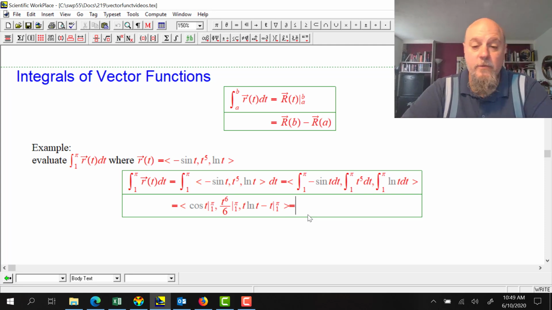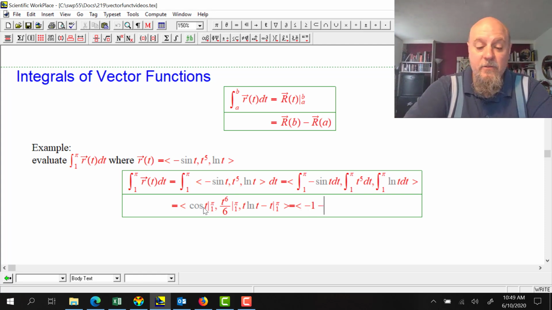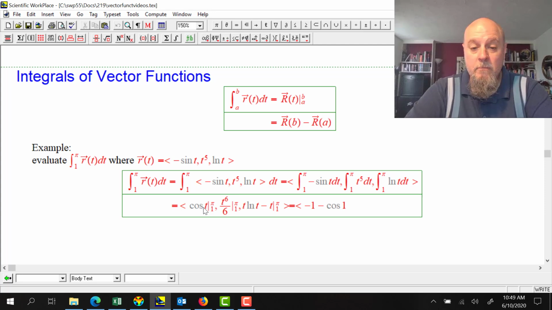And now all we got to do is sub in the top minus sub in the bottom. So cos of pi is minus 1 minus cosine of 1. Here I'm going to get pi to the 6 over 6, so sub in pi minus sub in 1.